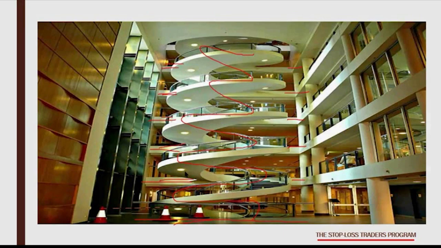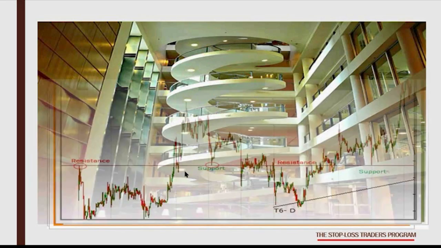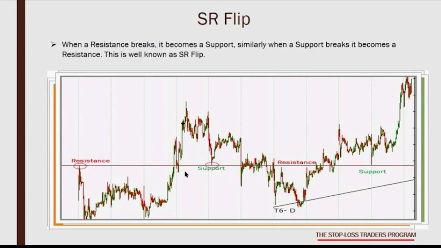But what happens at this area? At this resistance, the price stops, right? And starts making a decision whether I want to go up or I want to go down, because there is a resistance, right?